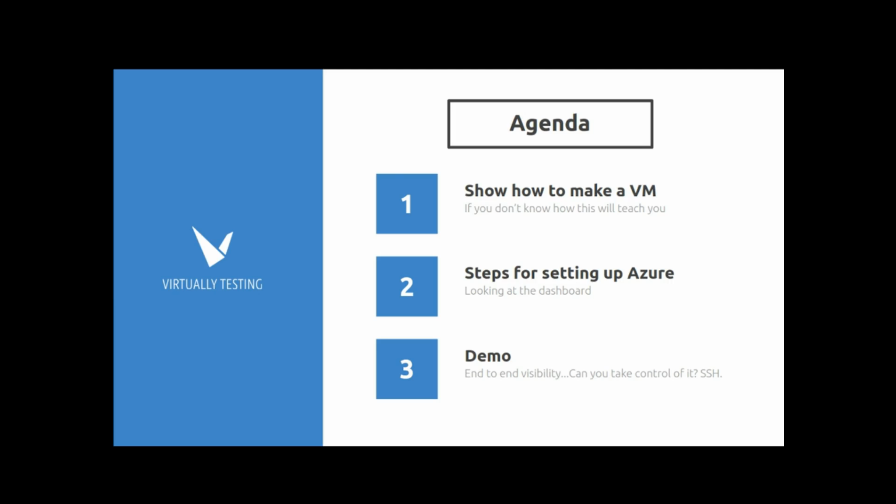I'm going to go through the steps for setting up a virtual machine in Azure. I'm also going to show an example of complete end-to-end visibility between the production machine and the virtual machine in the cloud.